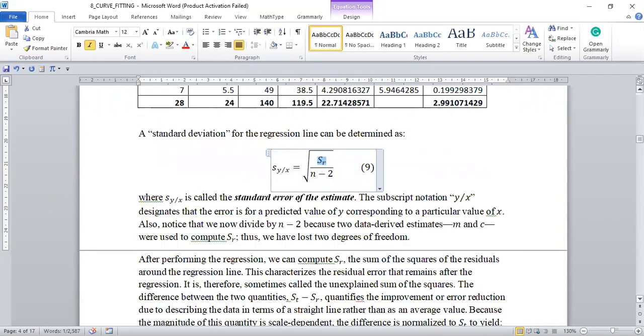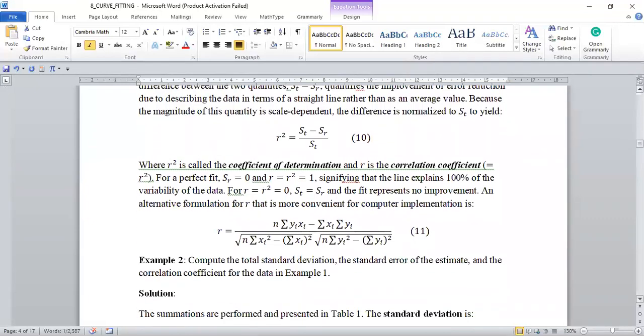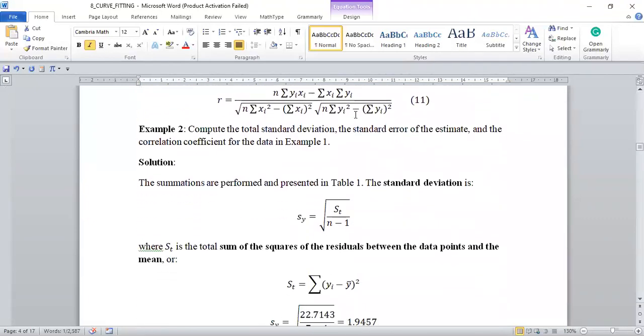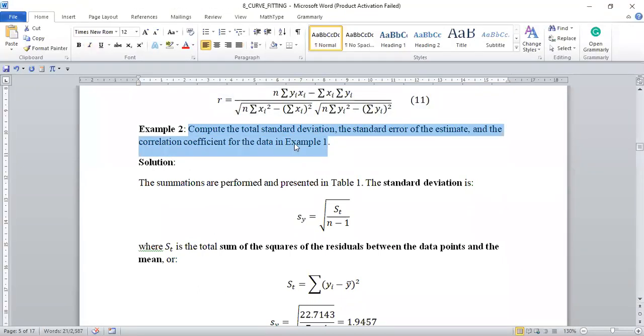In the next question, we are asked to compute the measures that we can use to quantify the model that we fitted in the first question in example 1. So we have to calculate the standard deviation.